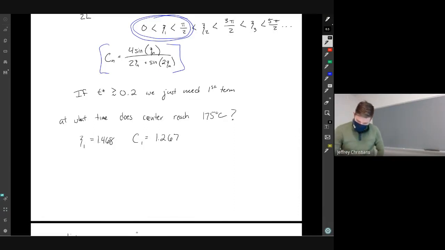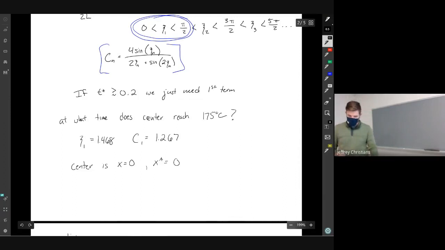So the center is x equals 0, or x star equals 0.